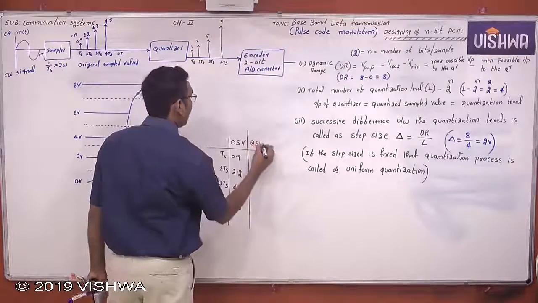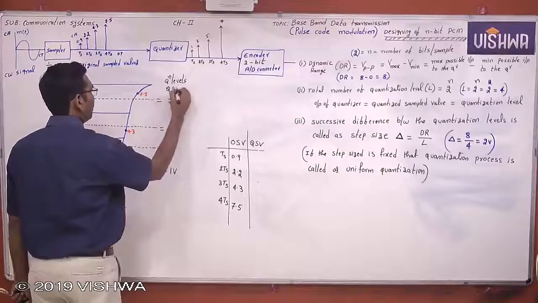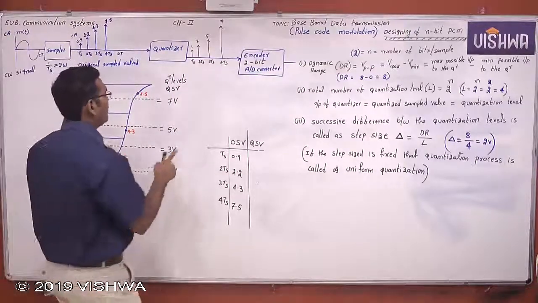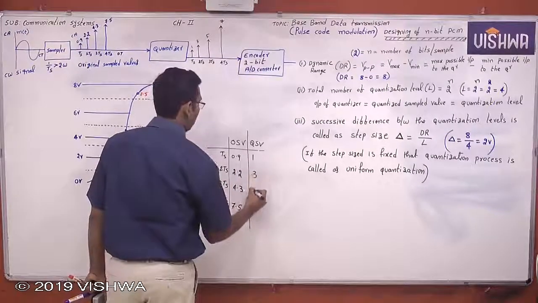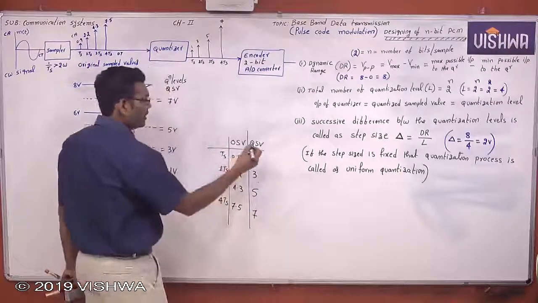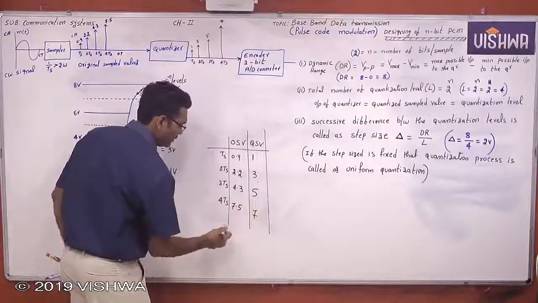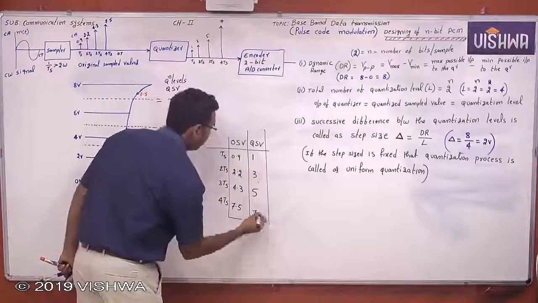Quantized sample value and quantization level are the same. The quantized sample values are 1, 3, 5, 7, because the quantization process itself is nothing but a round off process.